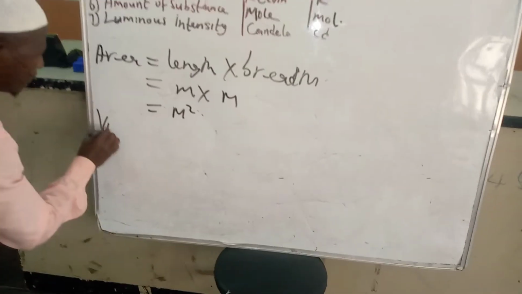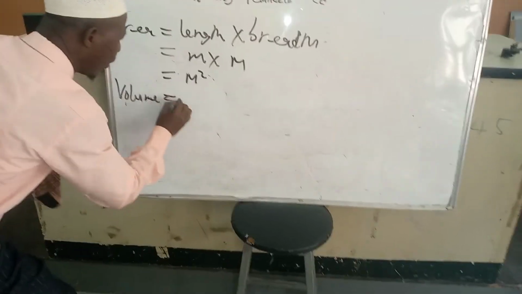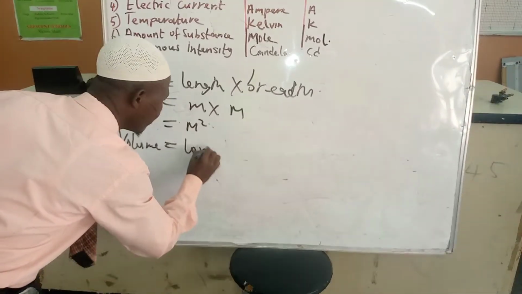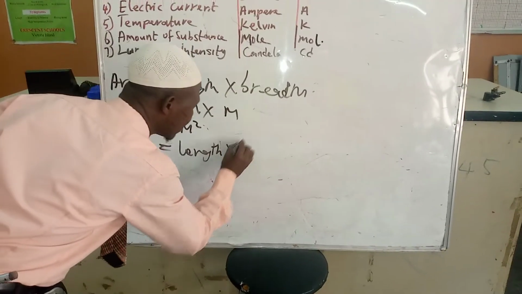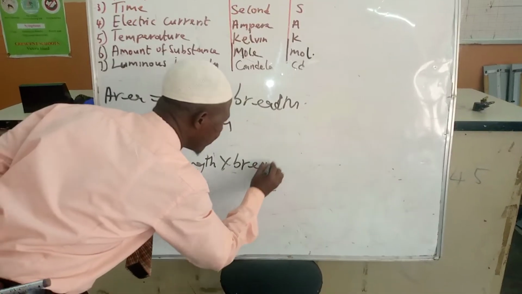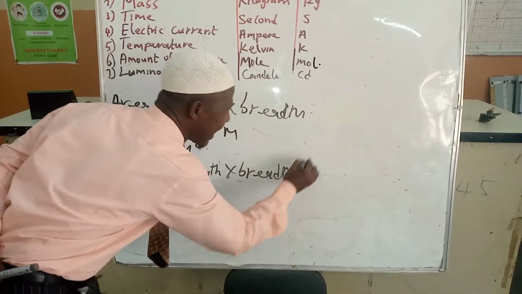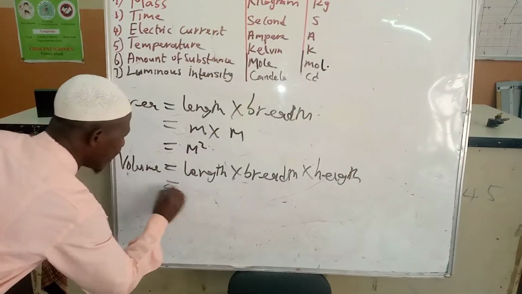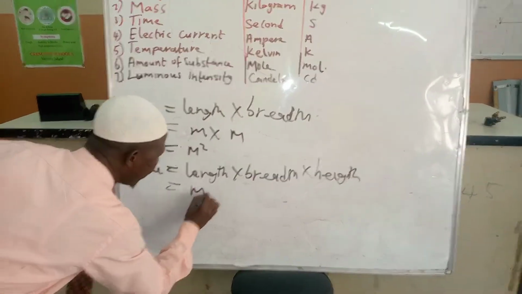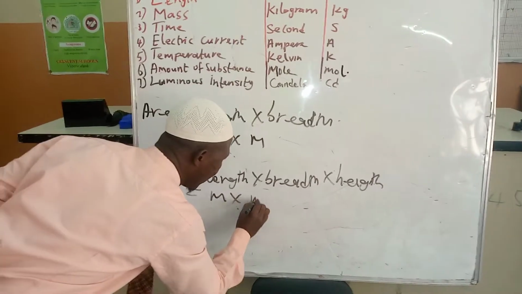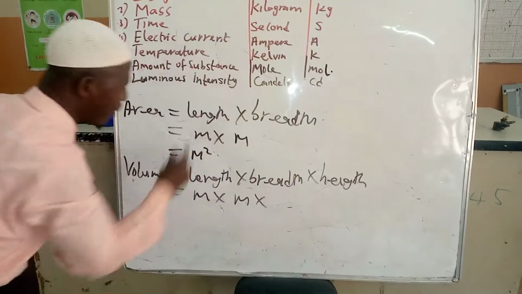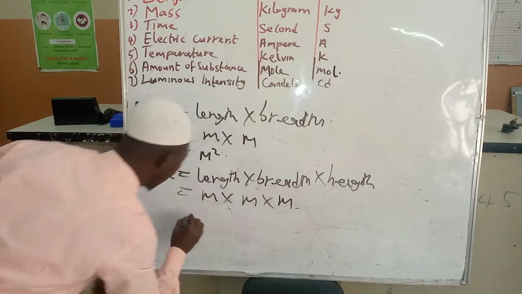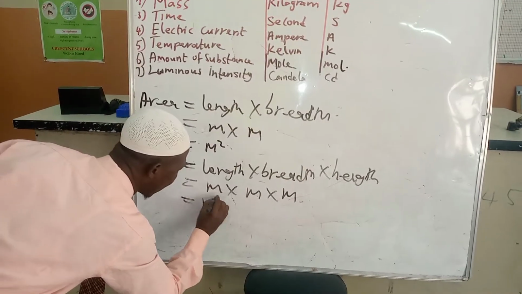We have volume. Volume is length times breadth times height. Length is in m, breadth is also m, and height is also a measure of length, which is m. So in that case, we are going to have meter cubed.